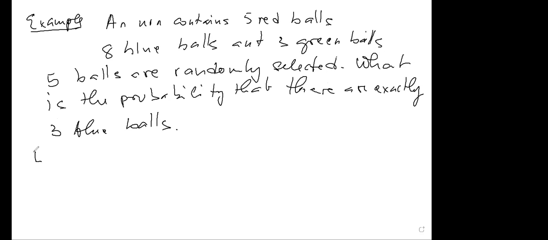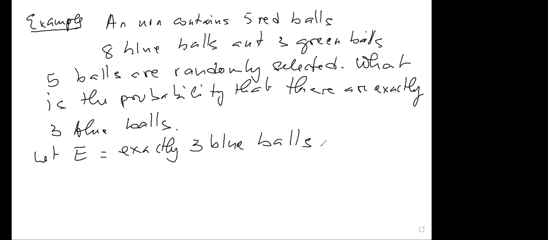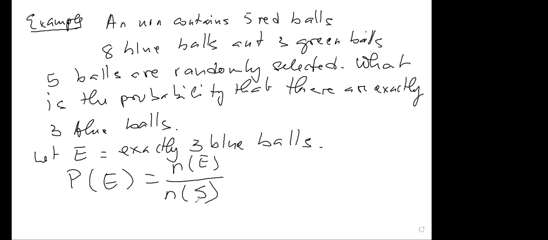So let E be the event exactly 3 blue balls. Then the definition of the probability is the number of outcomes in E divided by the number of outcomes in S.